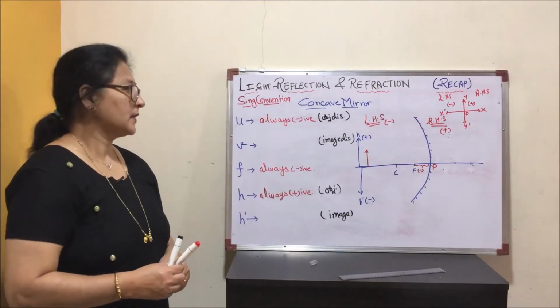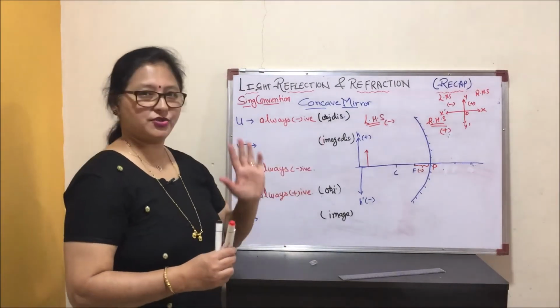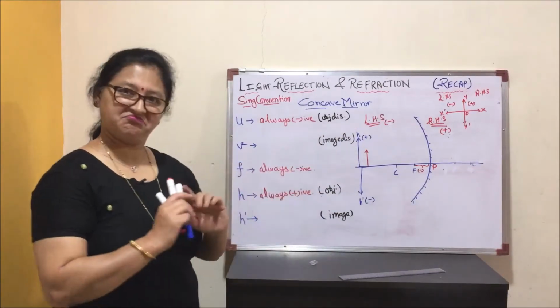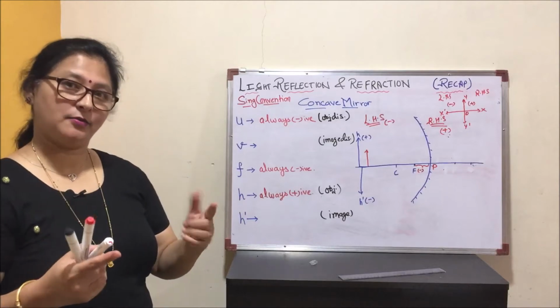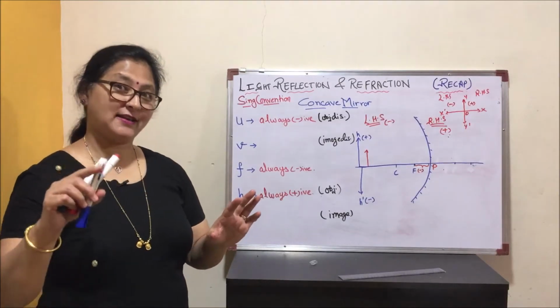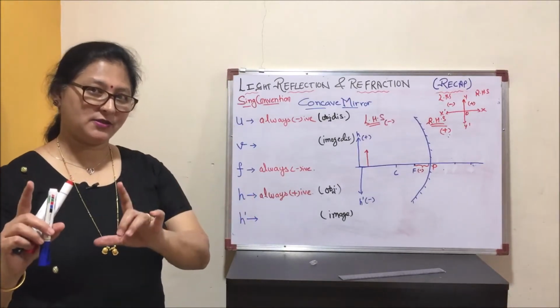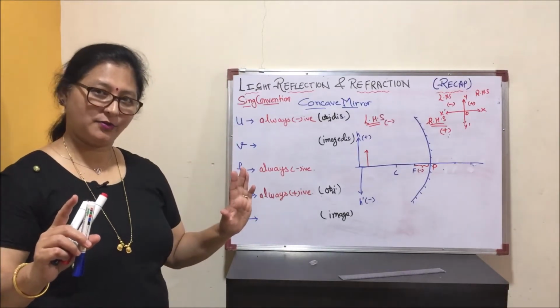Now, regarding the convention, what I told you, whichever things fall on the left hand side, negative, right hand side, positive. See, you always get right positive numbers for right answers, right? So right is positive, left is negative. Fine.